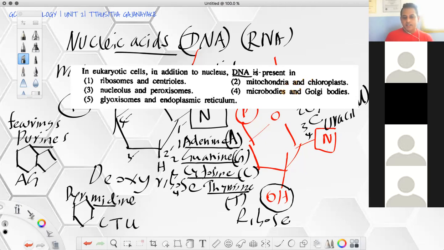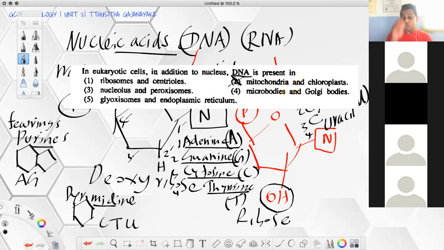we can find the DNA molecule in a cell, both mitochondria and chloroplast. In addition to nucleus, we can find it in mitochondria and chloroplast. The answer is 2. It is not only the nucleus, it is also found in mitochondria and chloroplast.